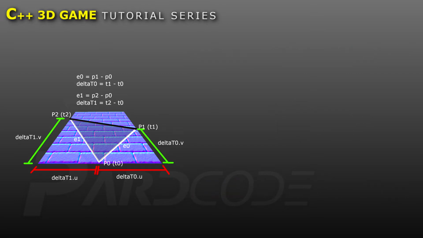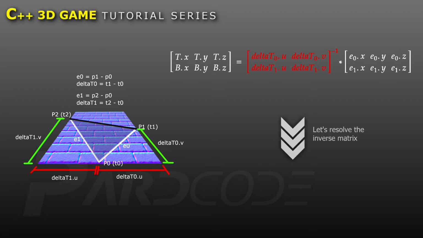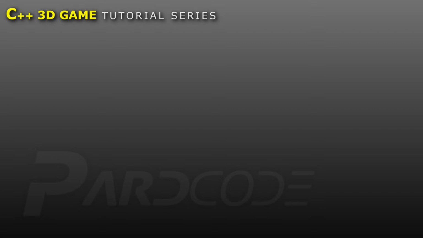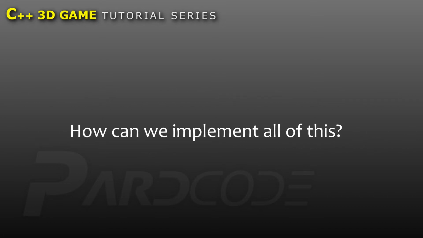Today we will not deepen how to calculate the inverse of a 2x2 matrix, but here is the final equation. By resolving this equation we get the tangent and binormal. Very well, we have everything we need to calculate our final normals. Let's see how to implement all of this concretely.